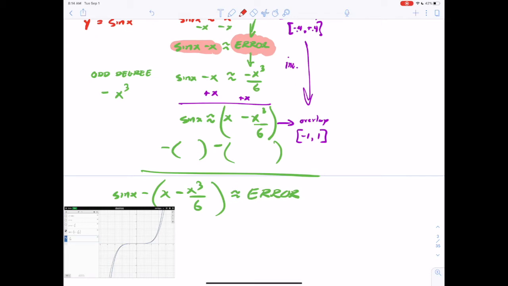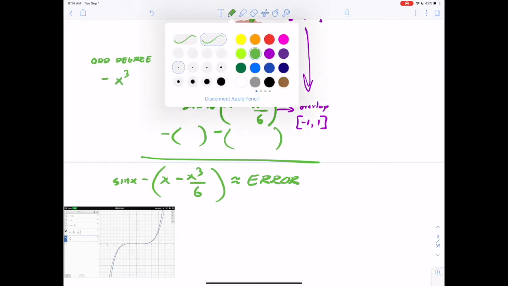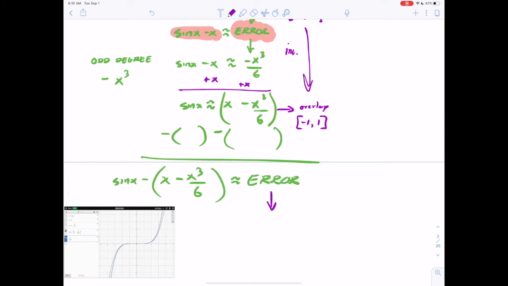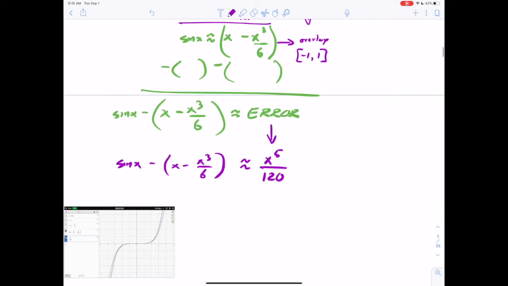So here's what we've uncovered. The error looks a lot like x to the 5th over 120. Okay, so the error, that black function, can mimic what we have over here. So here's what I'm going to do now.